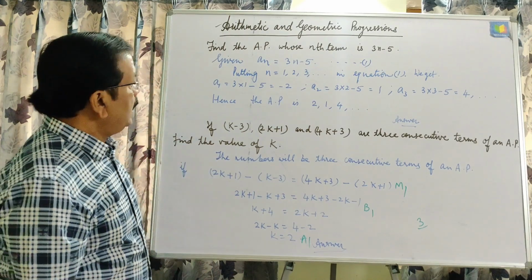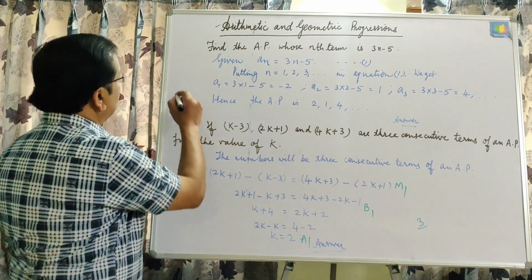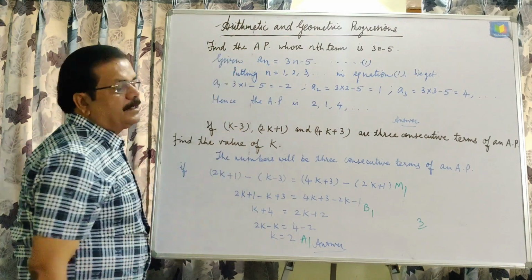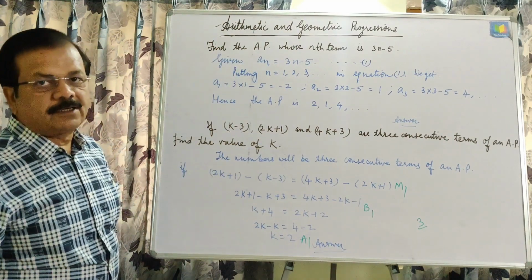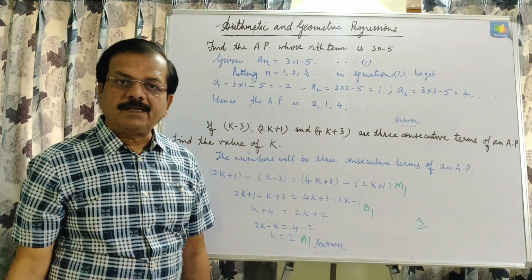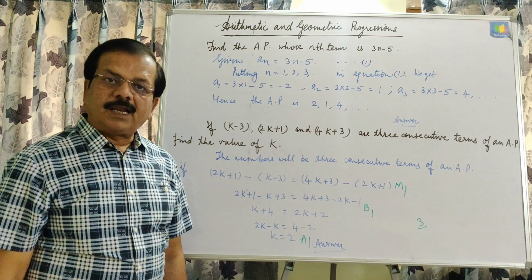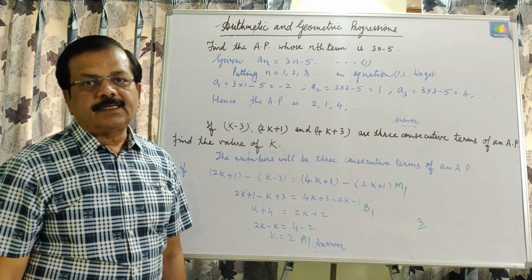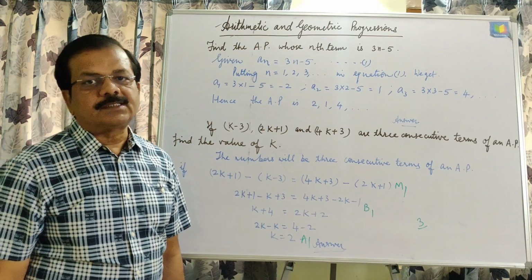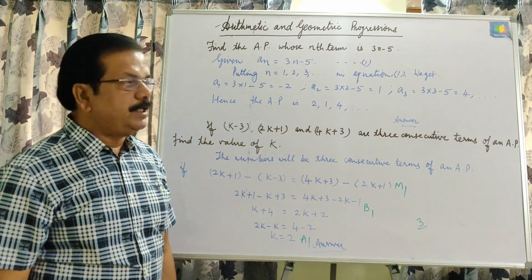Okay, then a plus (n minus 1) into d is the nth term. If the series has n terms, then that nth term is also called the last term, and in that case L is equal to a plus (n minus 1) into d.